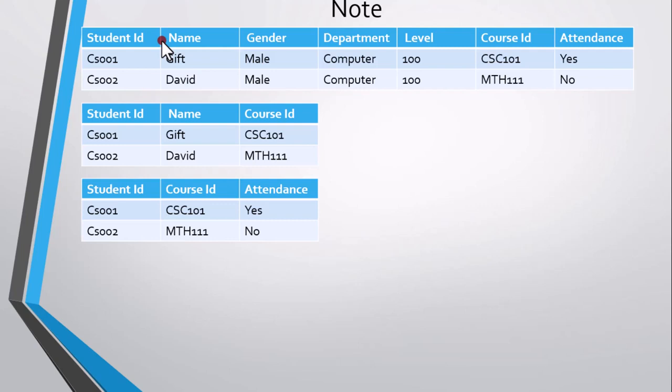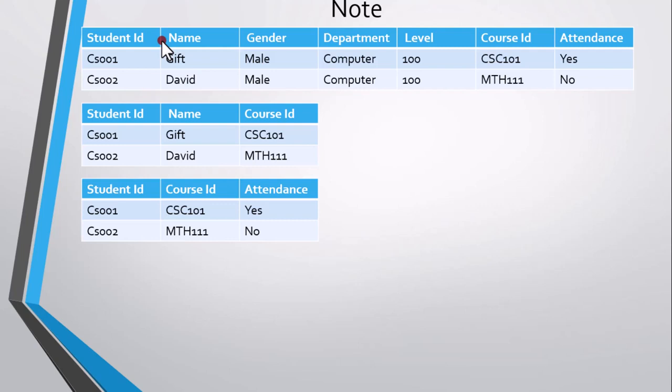This table can further be broken down such that I could reference a particular student by his student ID, or by his student ID to the course he's taking.